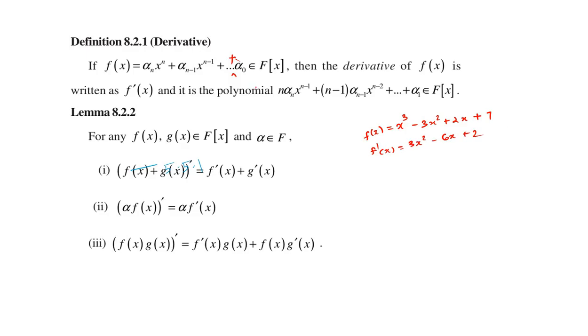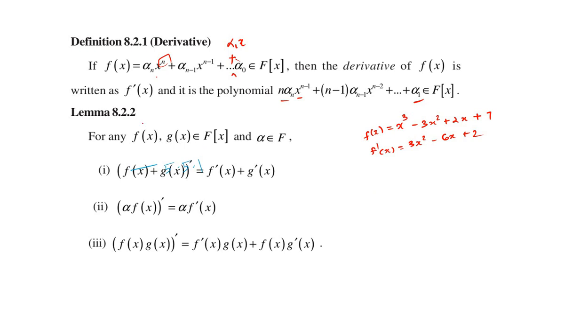So the derivative is nothing but n x power n minus 1, then n minus 1 alpha n minus 1 x power n minus 2, and so on. And the previous one, this is the constant term; the previous one is nothing but alpha 1 x. So when you differentiate that, this is what you get.